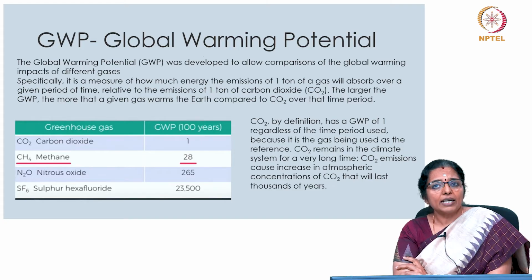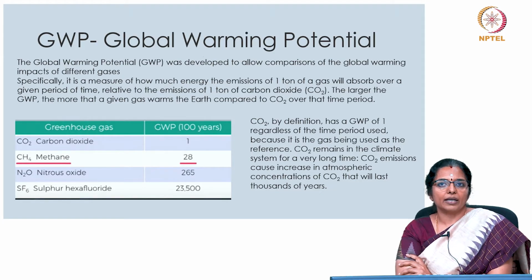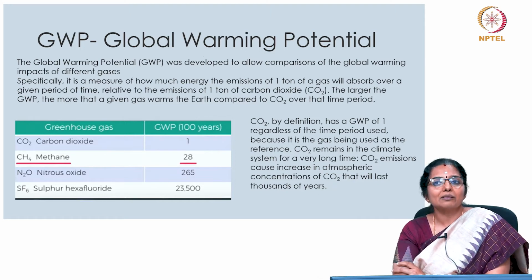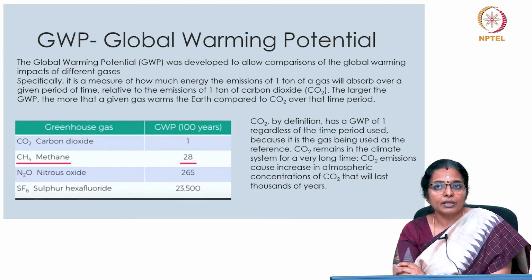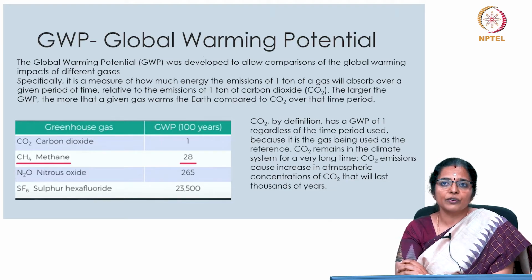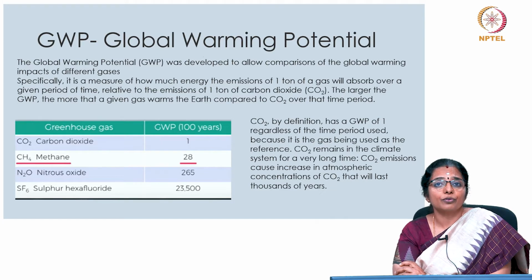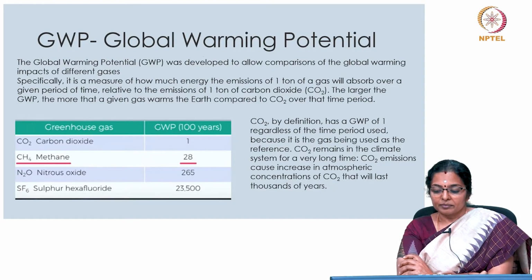Carbon dioxide by definition has a global warming potential of 1 regardless of the time period used, because it is a gas being used as a reference benchmark gas. CO2 remains in the climate system for a very long time. CO2 emissions cause an increase in atmospheric concentration of CO2 that will last thousands of years, unlike, say, methane.